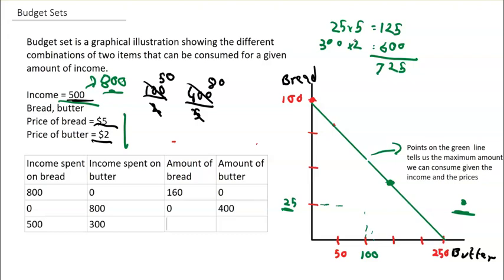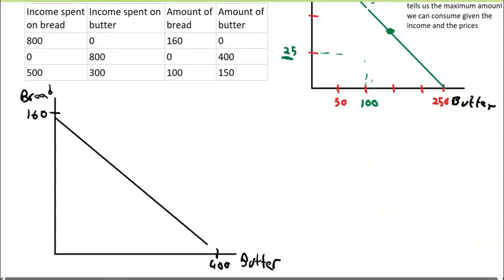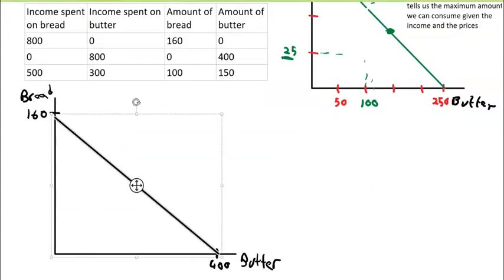Finally, what if I spend $500 on bread? Then 500 divided by 5 gives me 100 bread. And if I spend $300 on butter, each butter is $2, so I get 150 units of butter. So if I were to draw it, I would get a line like this, and this is going to give me my budget set.